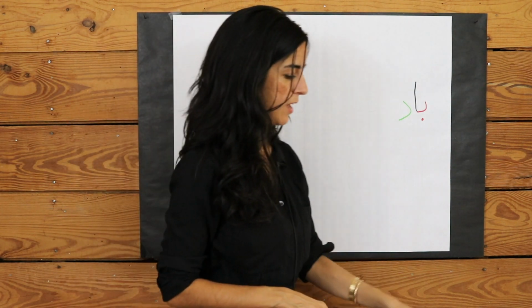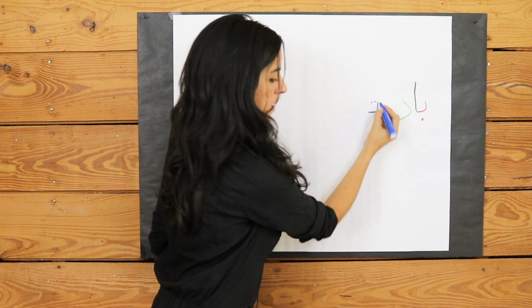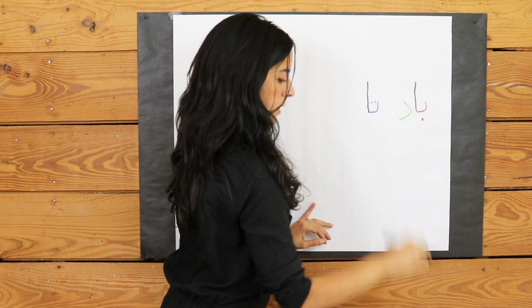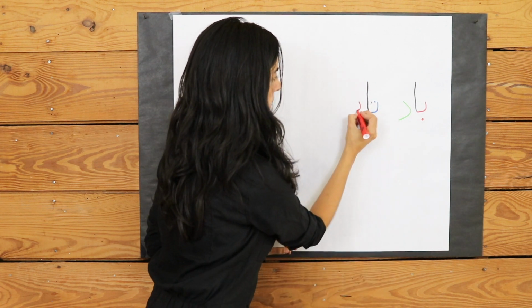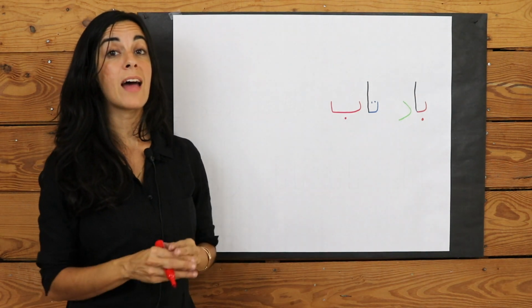So real words now. A te with an a and a be becomes tub, and that is a swing.